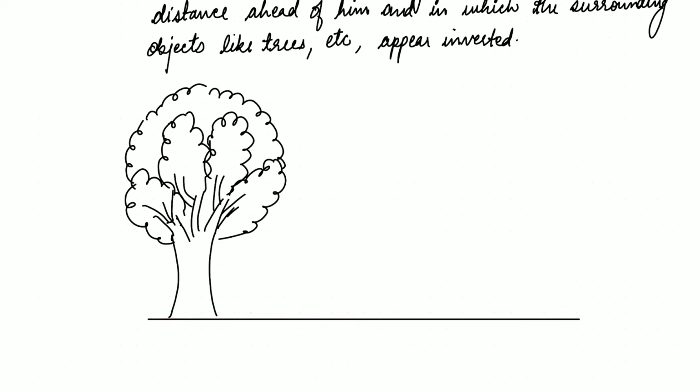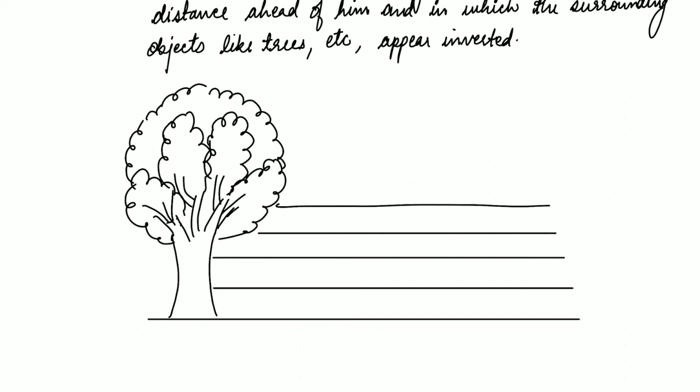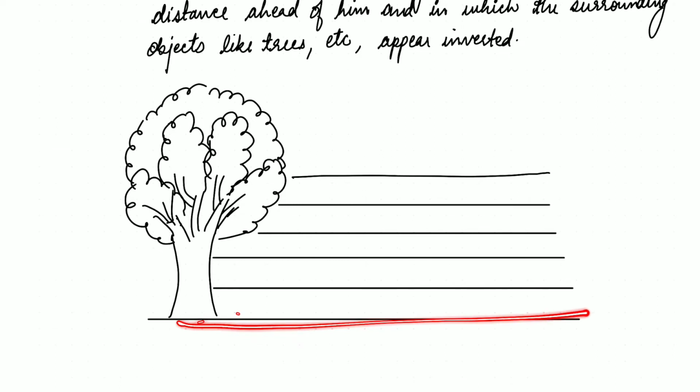What actually happens is that in summer your desert sand becomes so hot that we will have different layers of hotness over here. Just like your atmosphere has different layers, very similarly here also, the desert, you can simply say this is the sand.